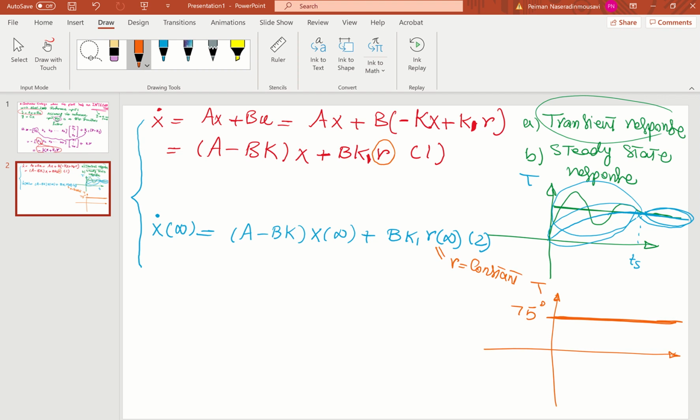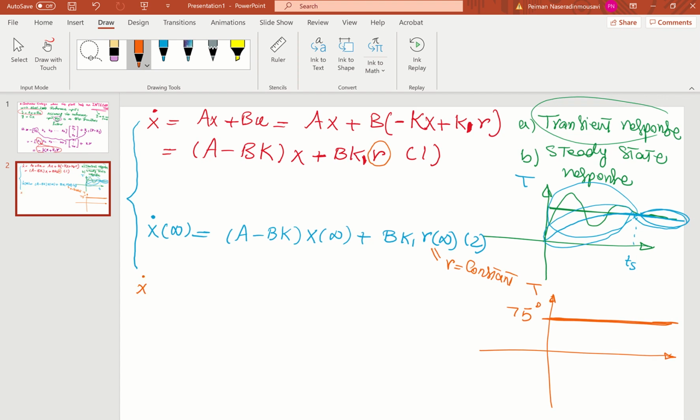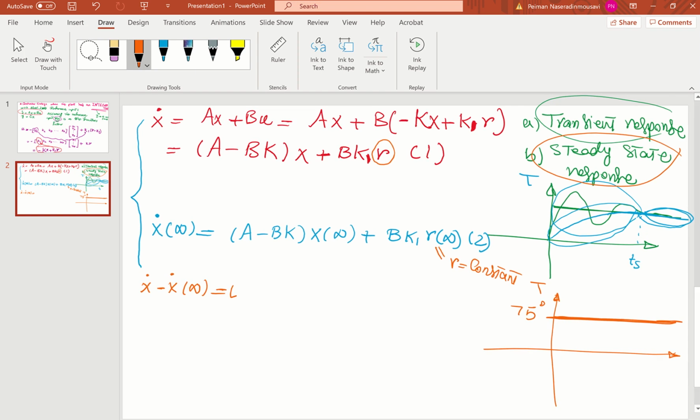So what I'm going to do, I'm going to subtract equation number 2 from equation number 1. So you're going to have x dot minus x dot at time infinity, steady state, is equal to (A minus BK) times (x of t minus x at time infinity) plus b k1 times (r minus r at time infinity).